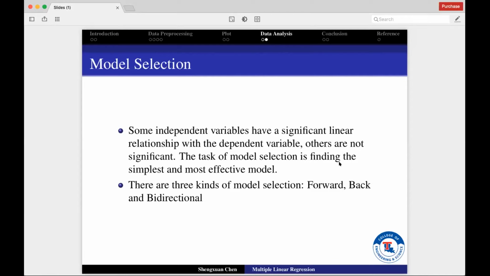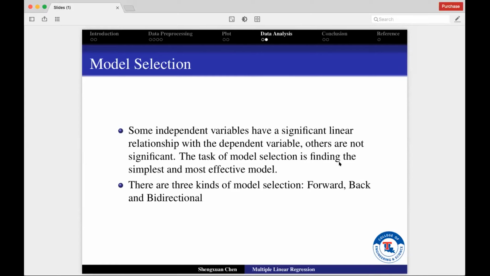Bidirectional combines the above, forward and backward. It will add or remove an independent variable to find the simplest and most efficient model.